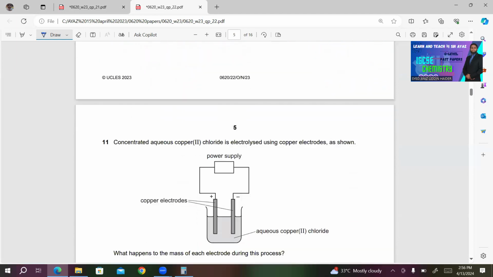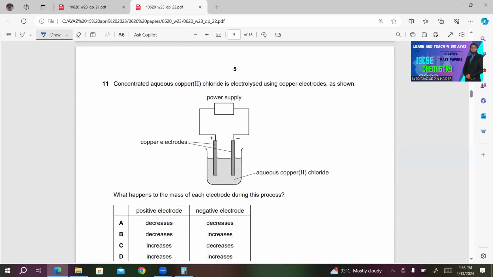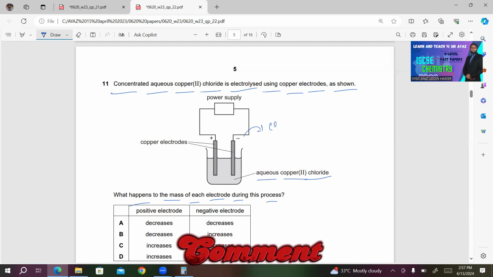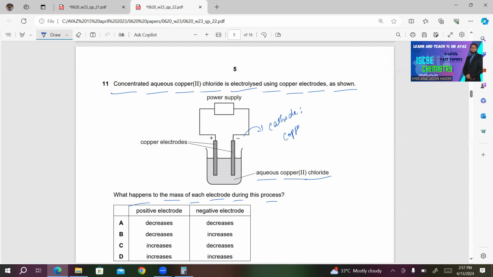Moving to the next question. 11. Concentrated aqueous copper(II) chloride is electrolyzed using copper electrodes as shown. We have copper electrodes and aqueous copper(II) chloride solution. What happens to the mass of each electrode during this process? As you have copper electrodes, copper ions will move towards the cathode. This is the cathode. Copper deposits.